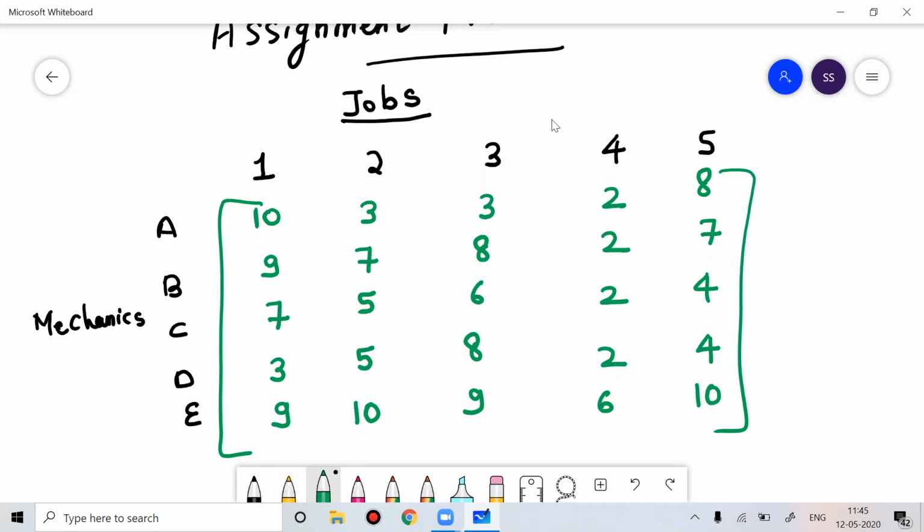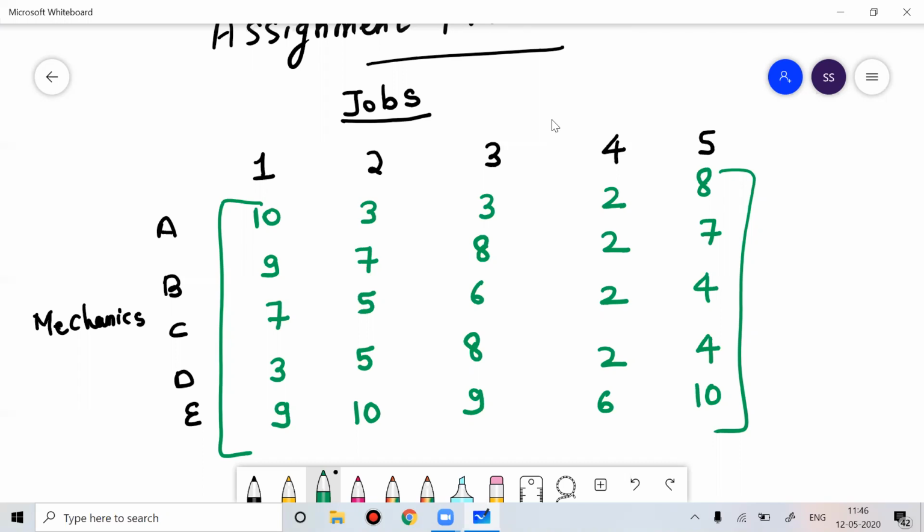Now when we work on the assignment problem, there are a few things we need to keep in mind: one mechanic is to be assigned one job only, and one job is to be assigned to one mechanic. So no person can do more than one job, and no job is done by more than one person.